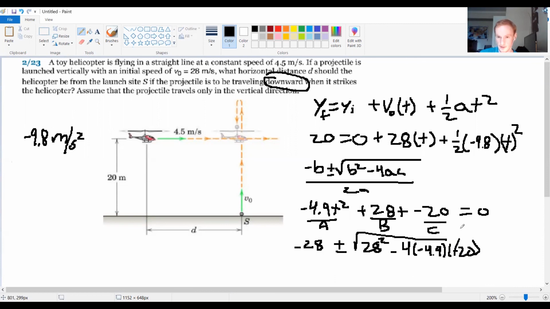So these negatives are going to cancel. And then this will lead us to, oh wait, I forgot, all over 2 times negative 4.9.